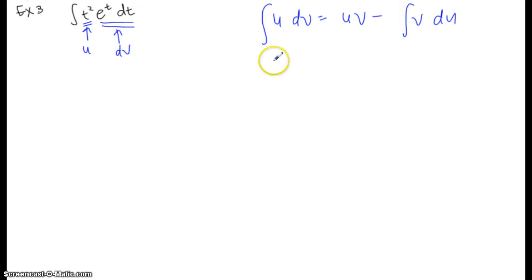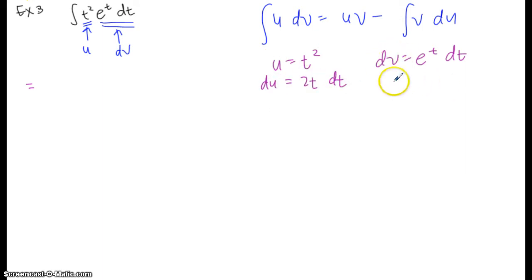So I set u equal to 2t squared, dv equal to e to the t dt. Because when I take the derivative of u, it must simplify. If I set e to the t equal to u, taking the derivative of it will not simplify. It'll keep e to the t. So du, taking the derivative, is 2t dt.